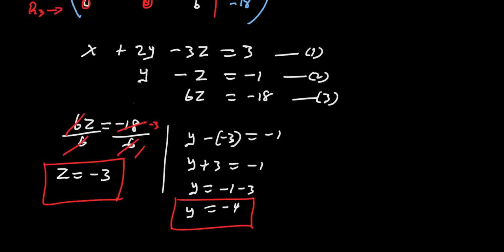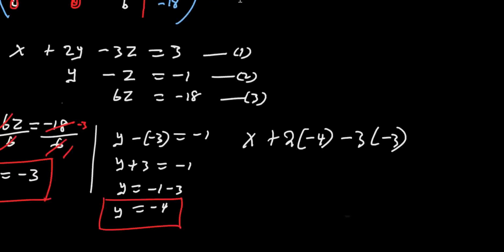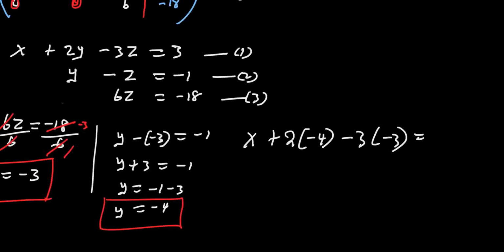So x plus 2. In the place of y, you can put negative 4. And then minus 3 in the place of z, you put negative 3. And then you equate these to 3. So this is equals to 3. So x, so 2 times negative 4 will give us negative 8.